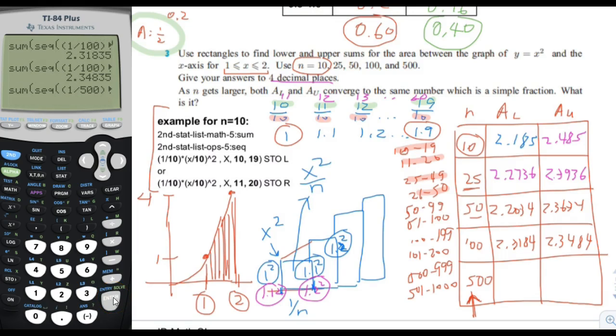We might be able to use that jumping by ones to make our algorithm a little less complicated. That took a long time. 2.3303. And then finally we're going to do 501 to 1,000, comma 1.